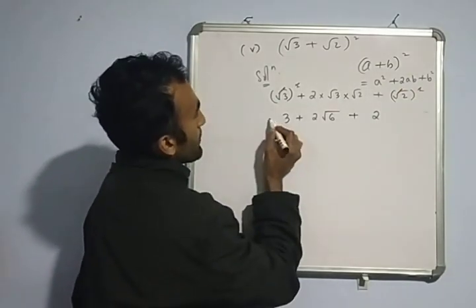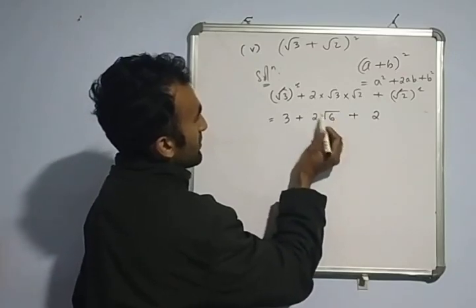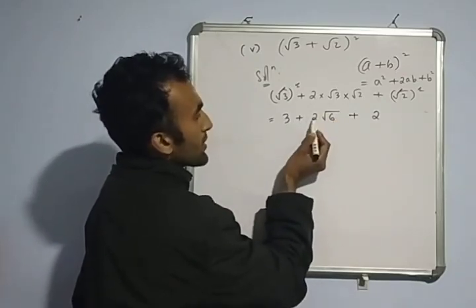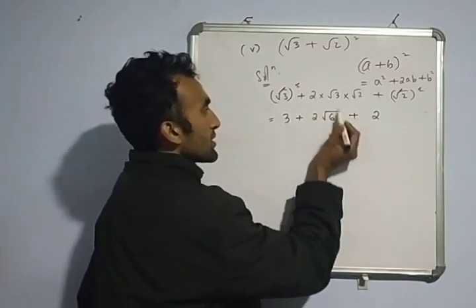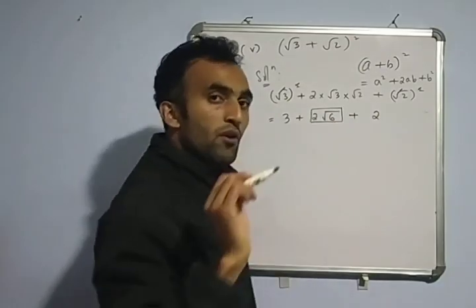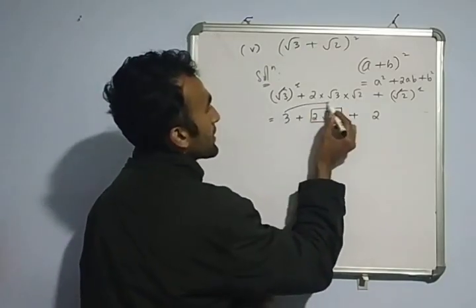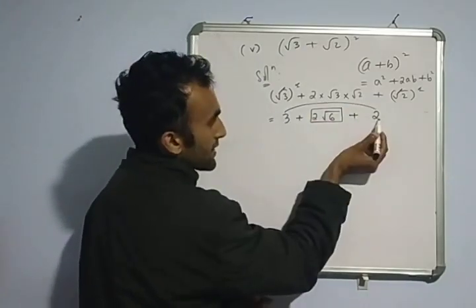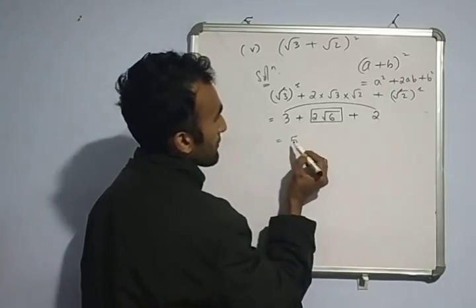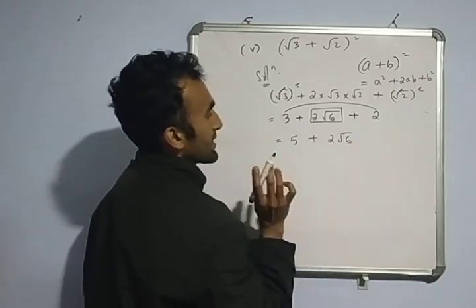Now remember a very important step here. You cannot add or subtract with this one. You cannot add 3 plus 2 because 2 is multiplied, because this is irrational as a whole. Purely rational and purely rational can be combined. Now this one, 3 plus 2 is nothing but 5, plus 2 root 6, which is left as it is.